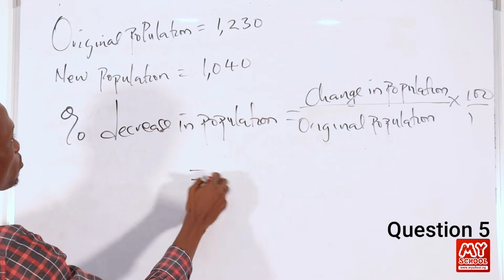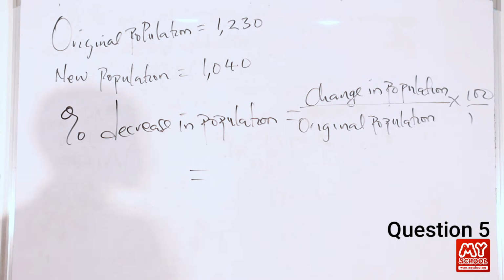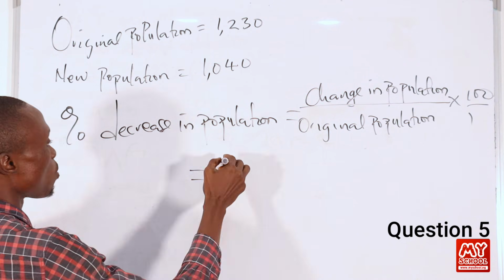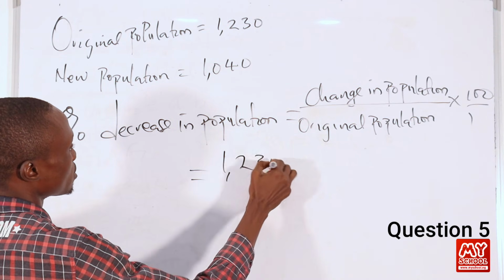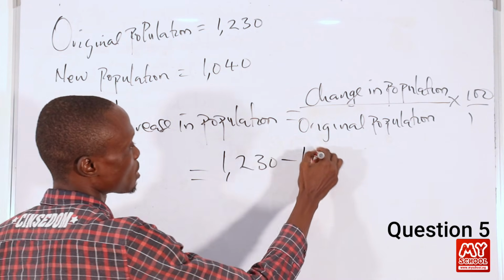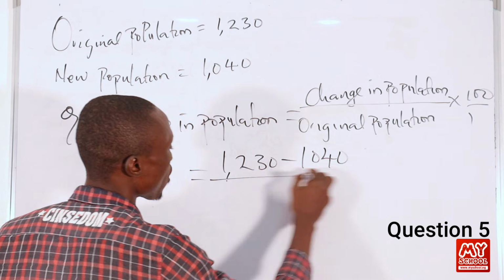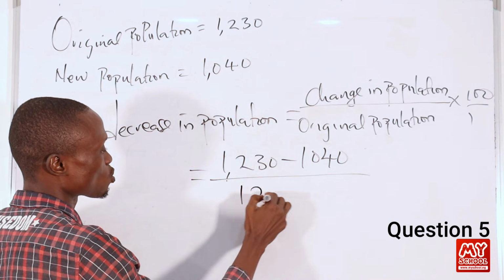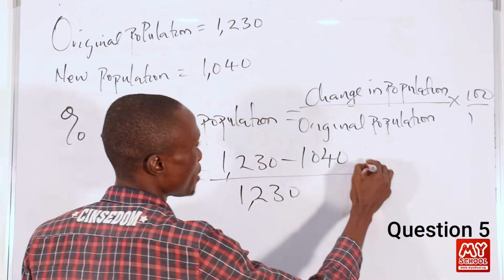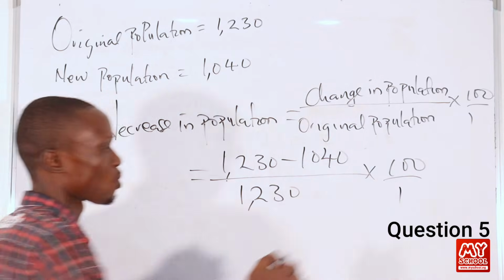Of course, change in population means original population minus the new population. So that would be 1,230 minus 1,040, over the original population 1,230, times 100 over 1.